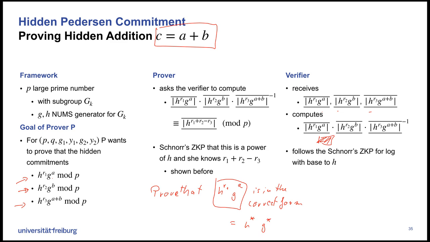That's something you should do in this protocol as well in order to prove that this is really the case. That's something I should add to the slide, that we have to prove that this has the correct form, because otherwise you could have some other generators which happen to add up as well, and they're just multiplied into that. So far, so easy. Now let's do multiplication.